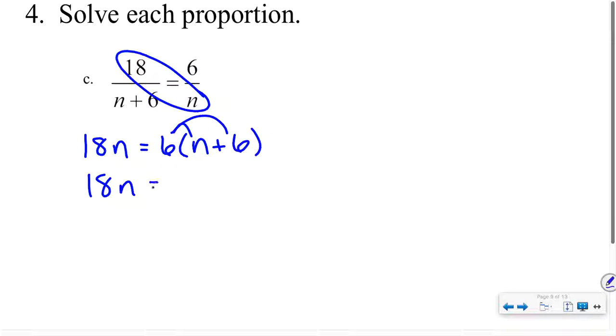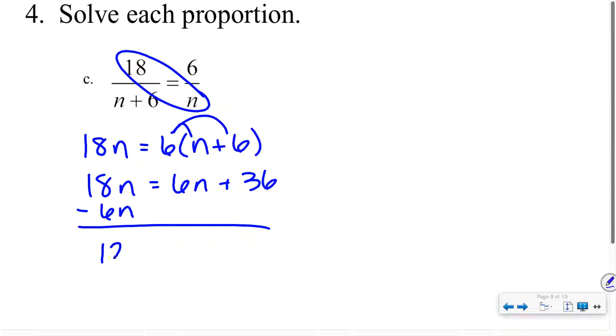Distribute that 6 through, and you get 6n plus 36. Subtract 6n over to the left. 12n equals 36. Divide by 12, and we should get n to be 3.